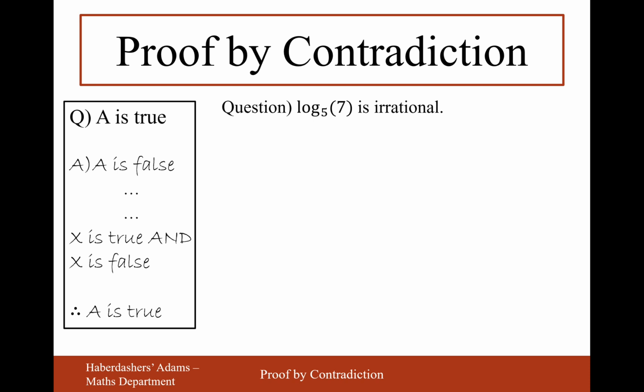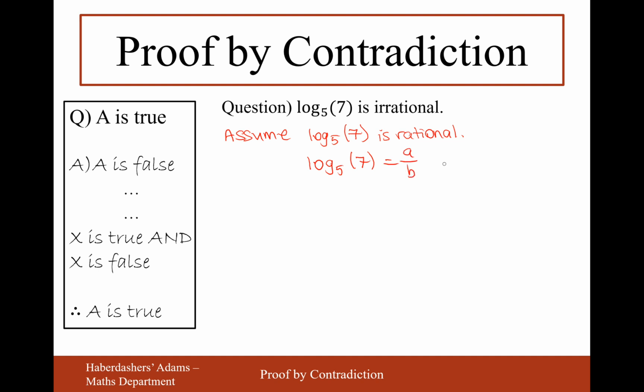Log base 5 of 7 is irrational. So again, with the irrational type proofs, we assume the opposite, and the opposite of irrational is rational. So assume log base 5 of 7 is rational. So, therefore, if it is rational, then we can express it as a fraction, is equal to a over b.